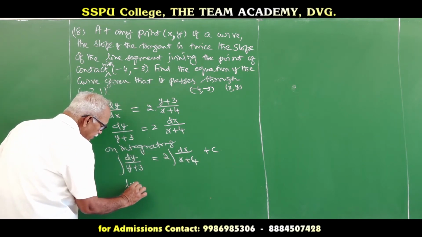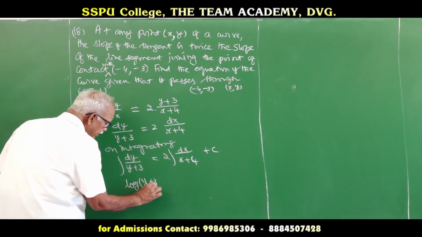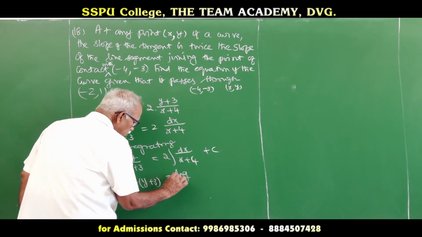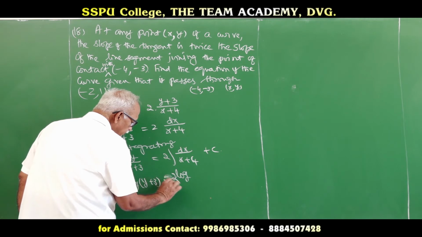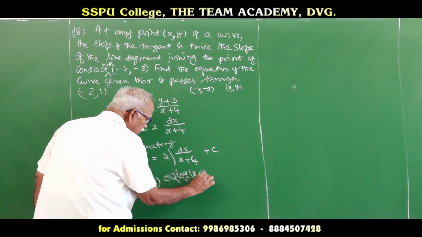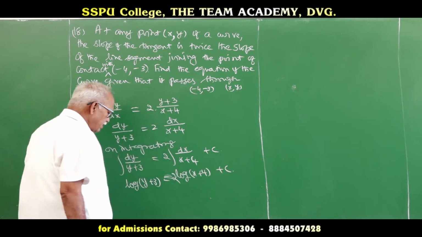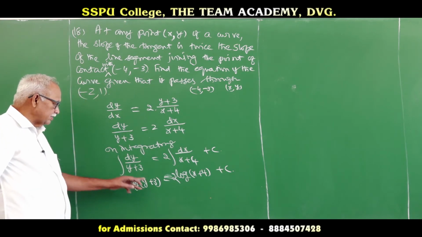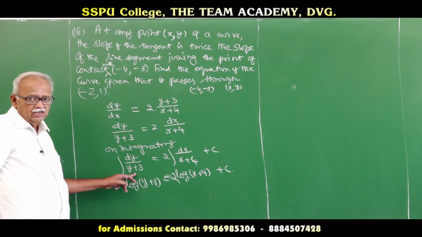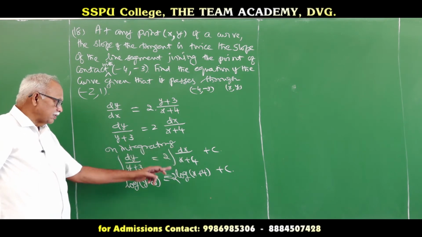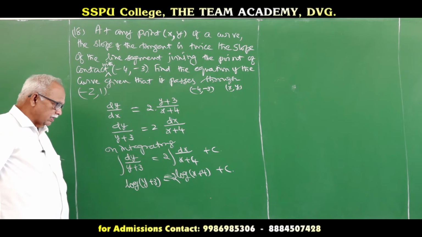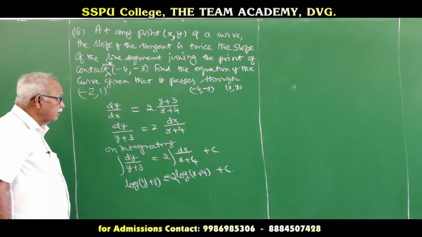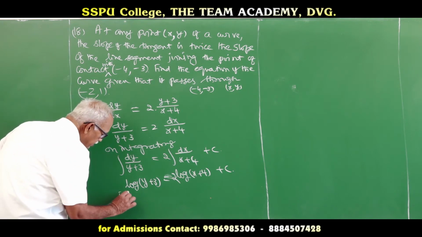This is log of y plus 3 is equal to 2 log of x plus 4 plus c. So, this is the general solution. You can see the integral of 1 by y plus 3 is log of y plus 3, and 1 by x plus 4 gives log of x plus 4, where 2 is a constant.